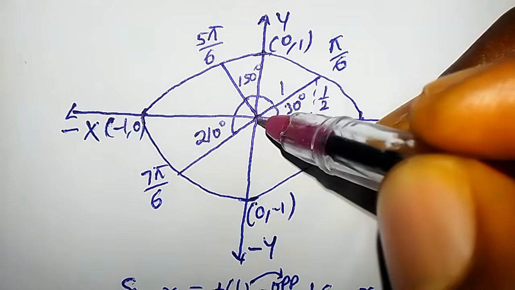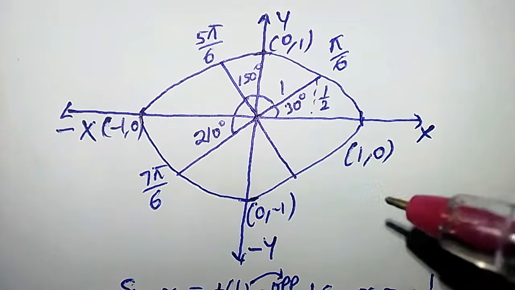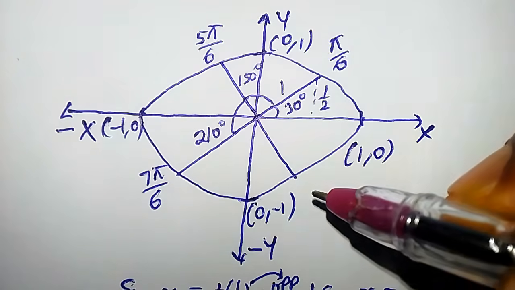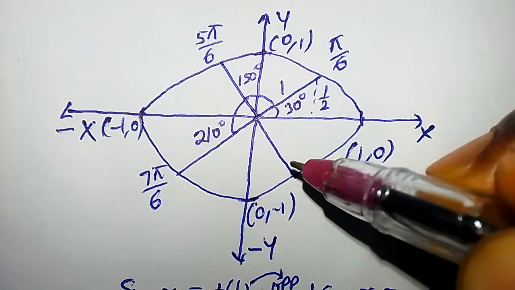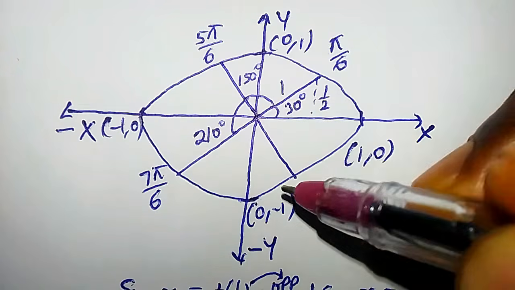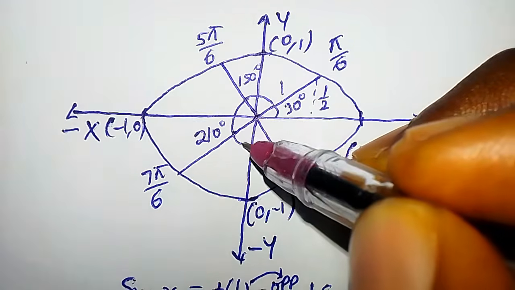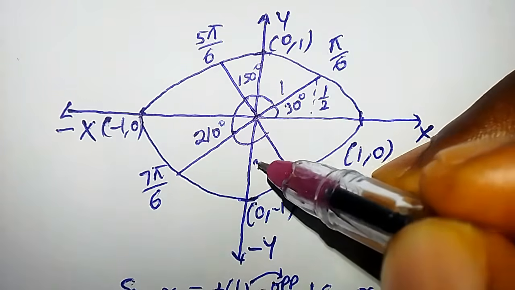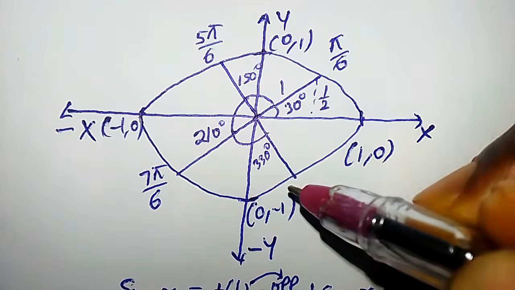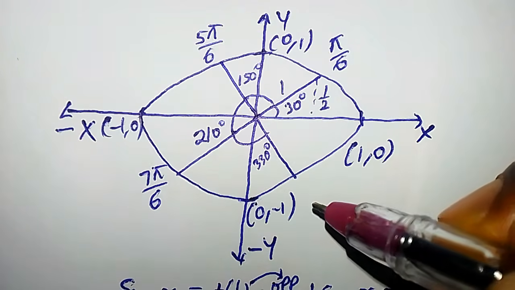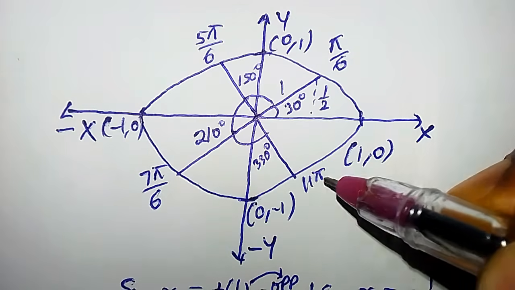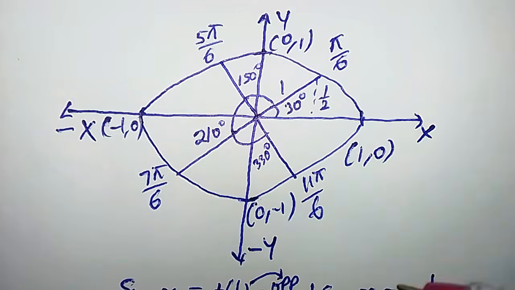There is another line here. The entire angle of this circle is 360 degrees. 360 degrees minus 30 degrees, that is 330 degrees. This means that the angle here is 330 degrees. 330 degrees in radians, that is 11 pi over 6.